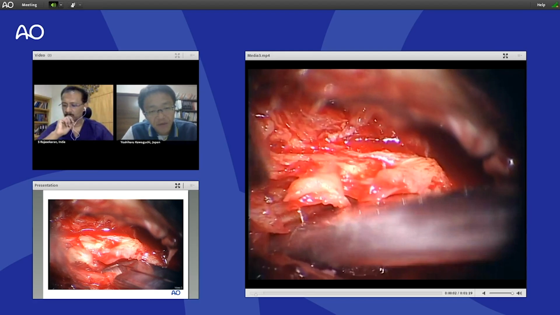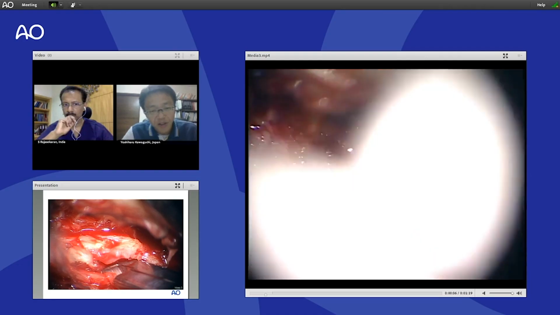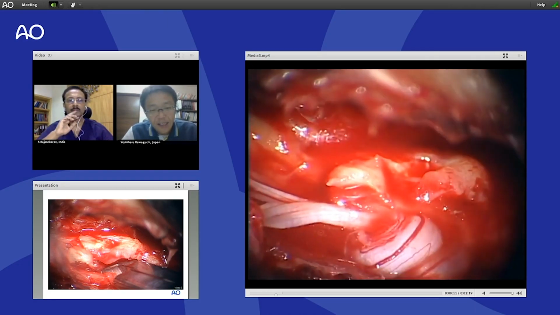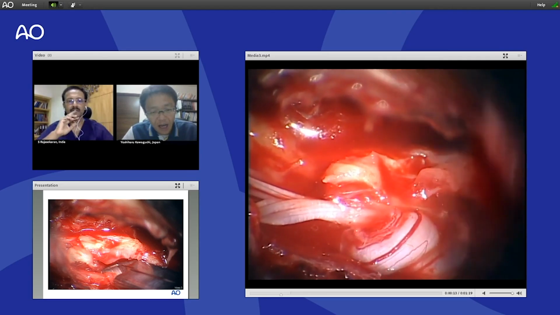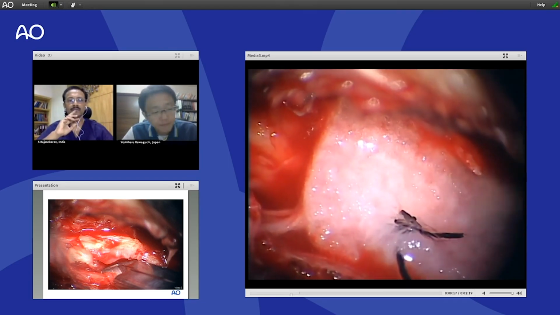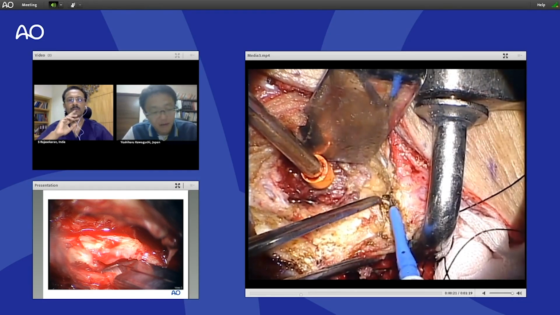When the surgeon tries to remove the yellow ligament, you can see an instant durotomy occur and the nerve is coming. What will you do? Don't get upset. That is very important.